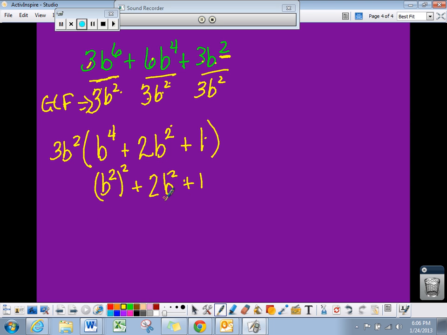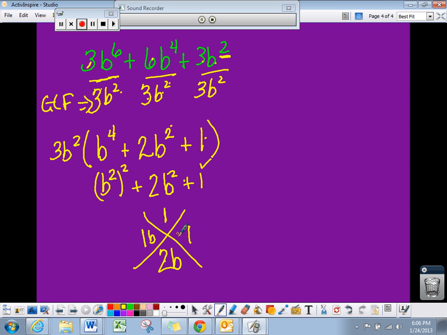So this is a perfect square. 1 is a perfect square. So if we look at that, this would give me 1. This is 2. What factors of 2? But this is 2 what? B. What factors of 1 would give me 2? 1 and what? 1. But it has to be what? The B there.